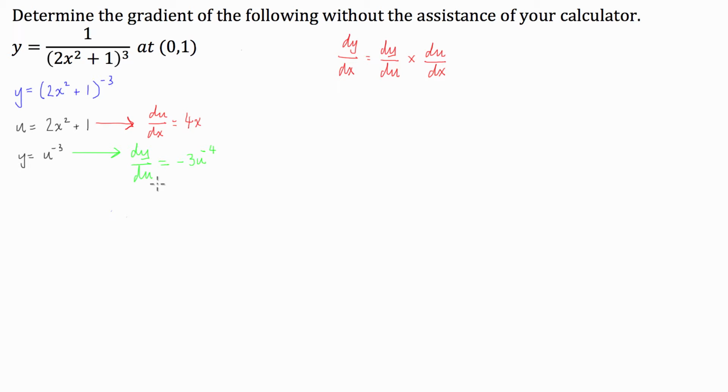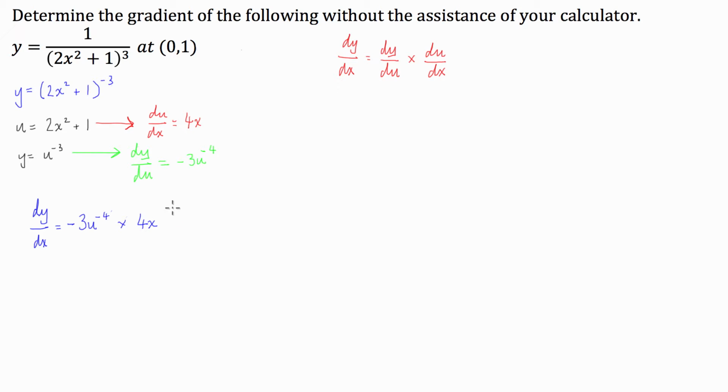Now what we have to do is combine these two functions that we've just found. And what we'll see is, dy dx according to the chain rule is equal to dy du, which is negative 3u to the power of negative 4, times du dx, which is just 4x. Great.